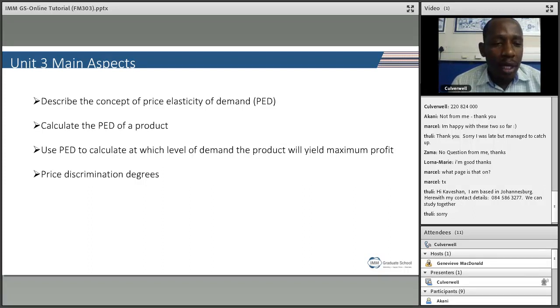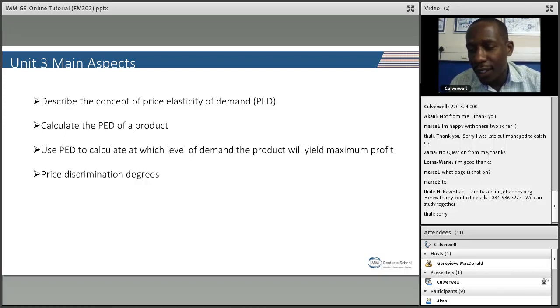And then your third degree price discrimination, we are talking about giving a special price to a specific category of customers. It could be the elderly, your pensioners, or students, like what your Virgin Active does.